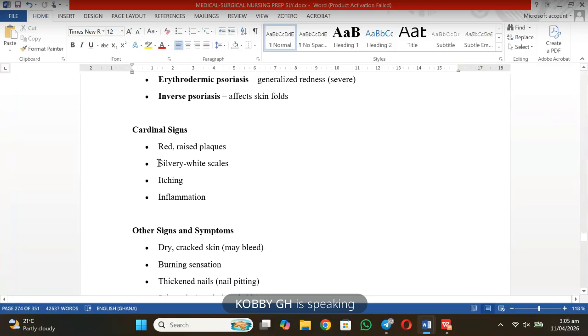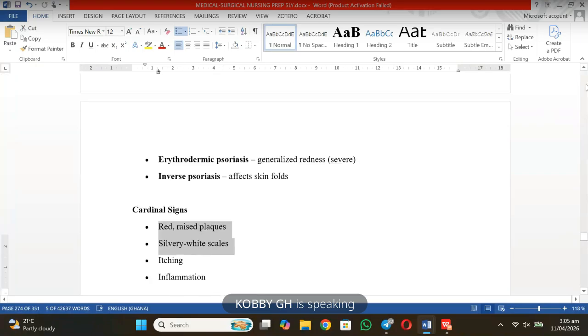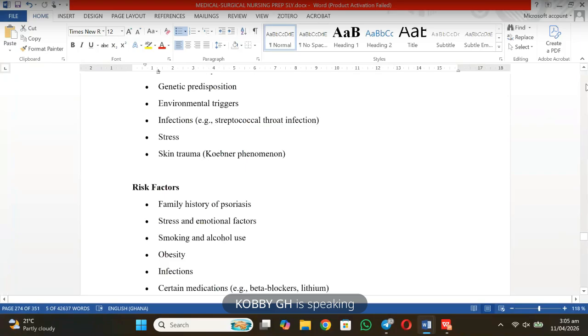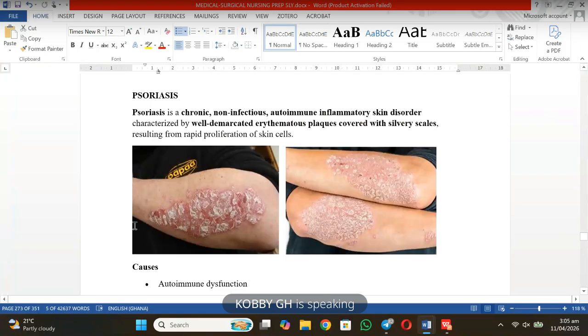And I told you that the cardinal sign of this condition is that you may see red raised plaques, which later tend to become a silvery white scale, like you are seeing in the image. So now it's dry, but initially when it starts, it's like a plaque. When we say a plaque, it's like a vast area of your skin has become reddish.